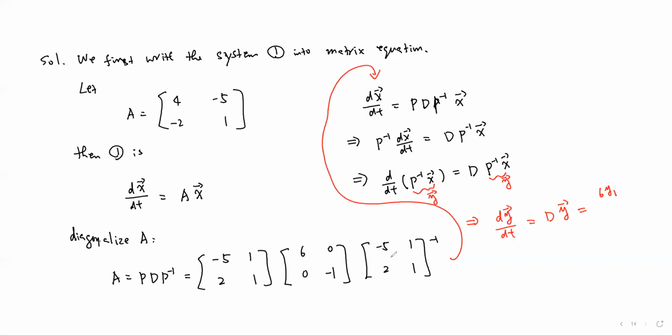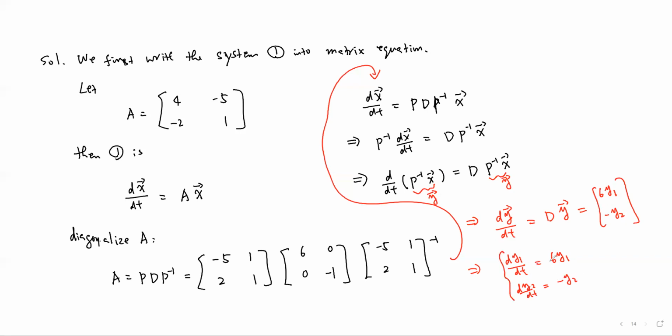The second is 0 times y1 plus -1 times y2. So comparing the first entry and the second entry, we have y1 derivative equals 6 y1 and y2 derivative equals negative y2.